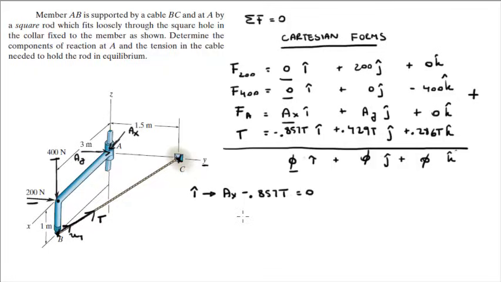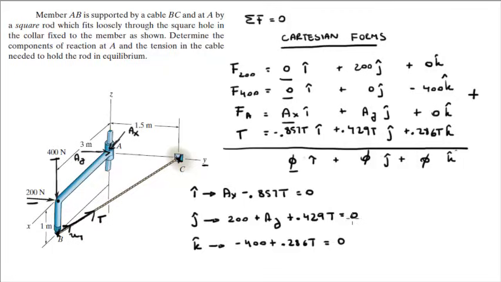is equal to 0. The j, adding all the j's together and setting them equal to 0, tells us that 200 minus Ay plus 0.429T, actually that's a plus, is equal to 0. And the k is a beautiful one, and it tells us that minus 400 plus 0.286T is equal to 0.